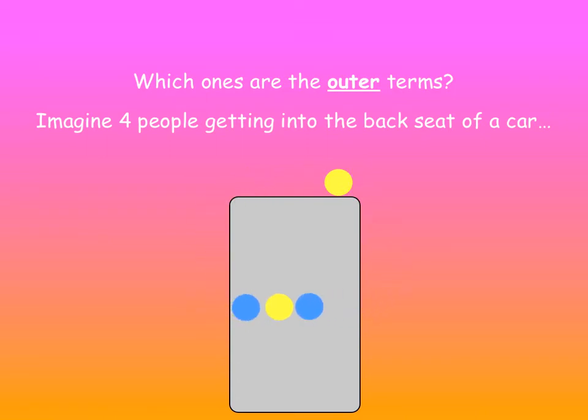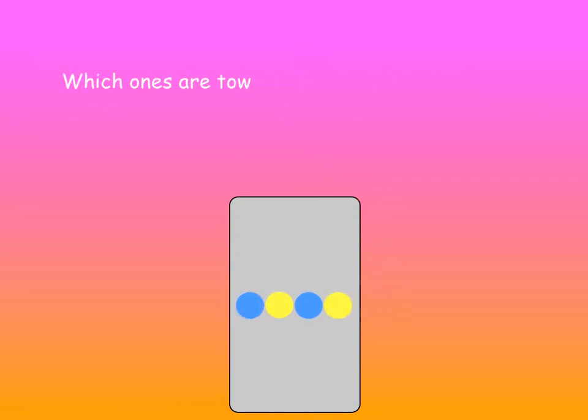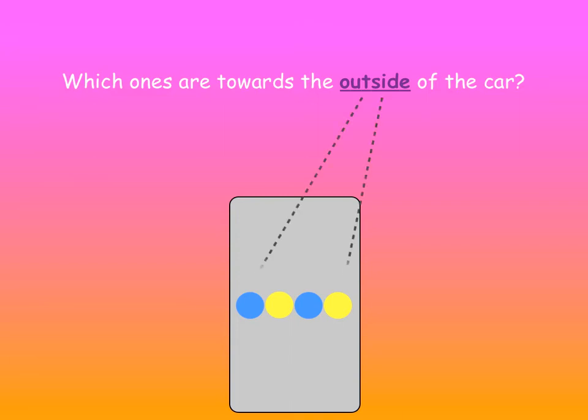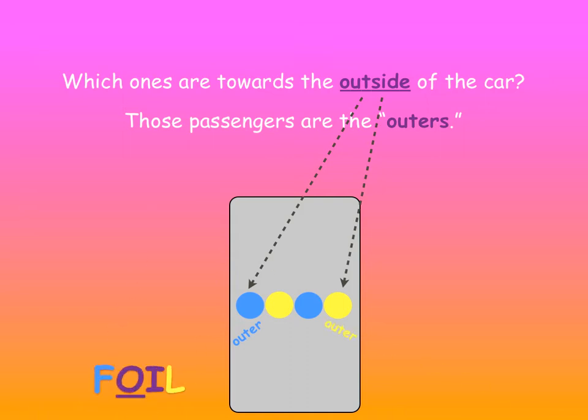There, they're all in. Which ones are toward the outside of the car? Those two are. They're toward the outside. And so those passengers are the outers. Outer. That's the O from FOIL.